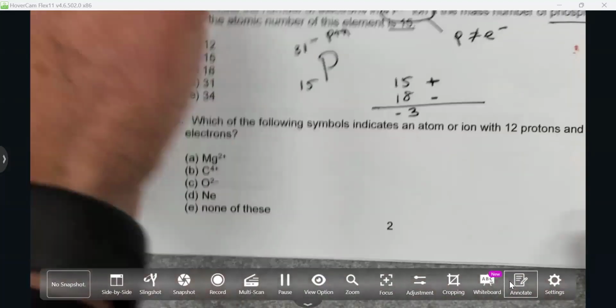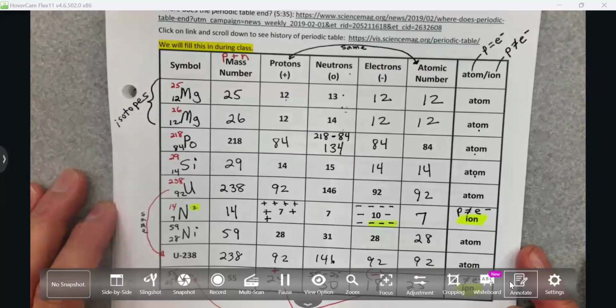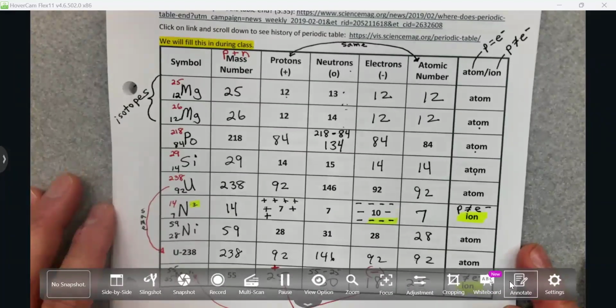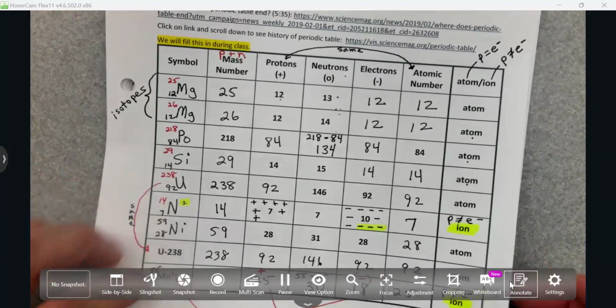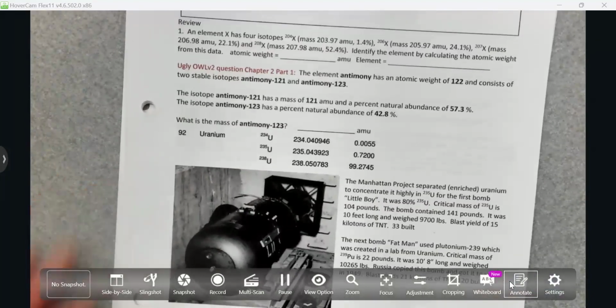Well, that was something we worked on last time, where we worked on mass number, protons, neutrons, and electrons. We completed this table, right? Okay. So now let's continue on. So we're talking about isotopes right now.